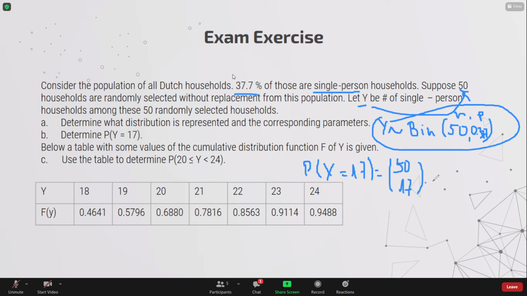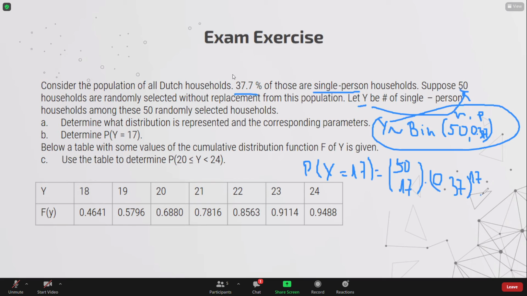Then we need the probability of having a household of a single person, which is 0.377 to the power of our number of successes, which is 17, because we're searching for 17 people.